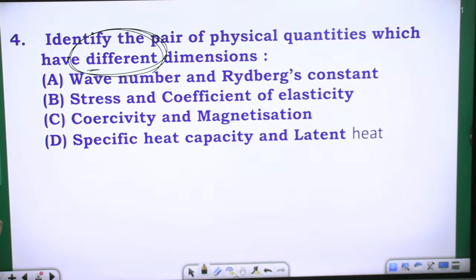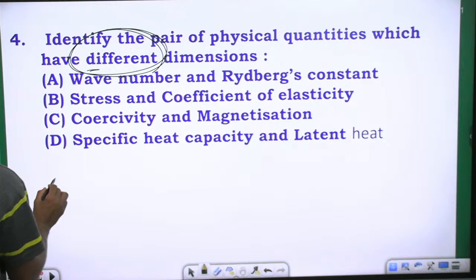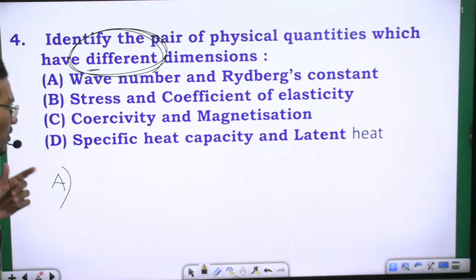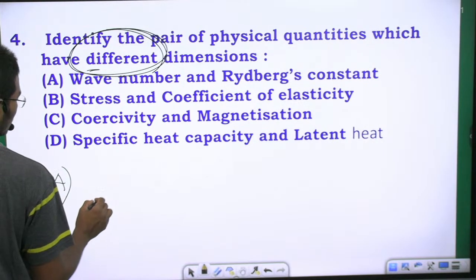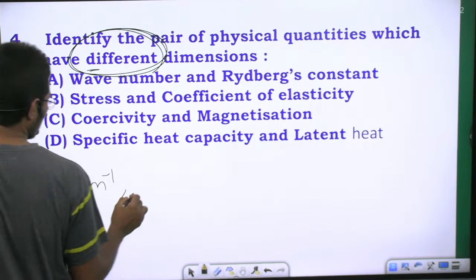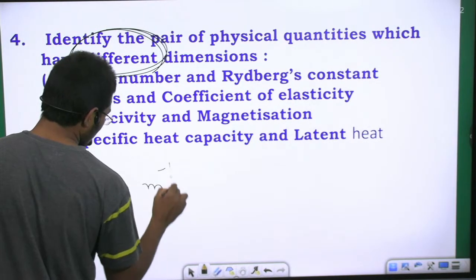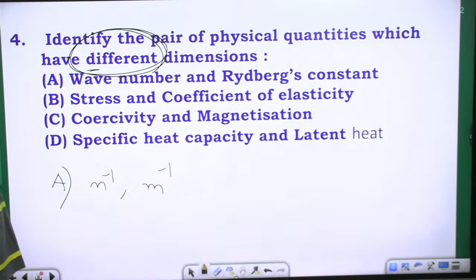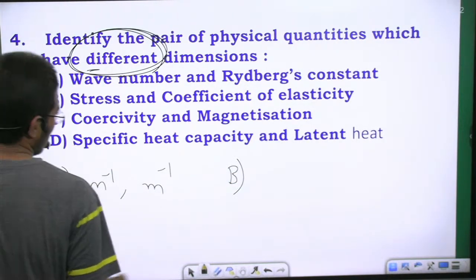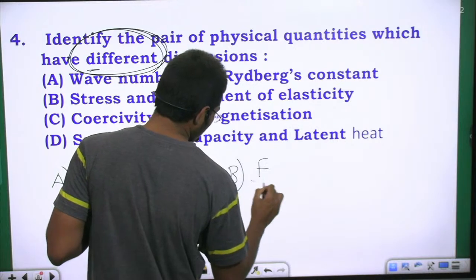So option A, wave number. Even this option was present in the 24th second shift, if you look at the video that was done yesterday. So wave number, meter inverse. Rydberg constant is also meter inverse. Stress. Stress is nothing but force by area, right?